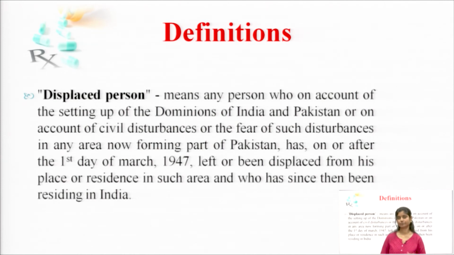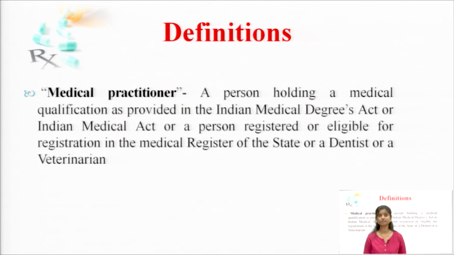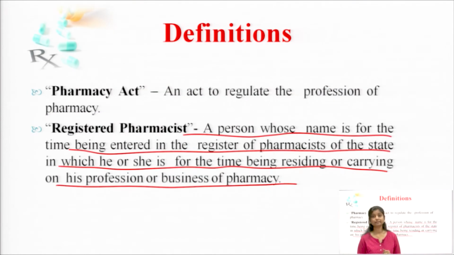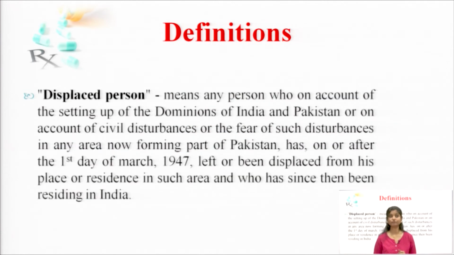A few minutes back I talked about the last point of the objectives. Let us see what that was. The last point was to recognize the qualification granted outside the territories to which Pharmacy Act 1948 extends. Now, here is one word that you have to learn, that is displaced person.